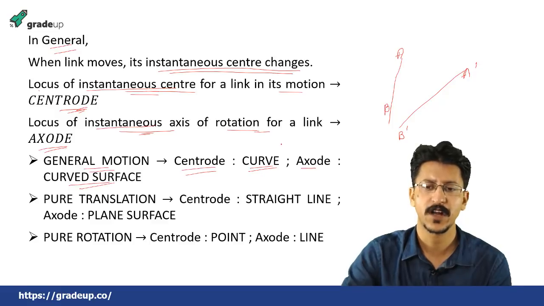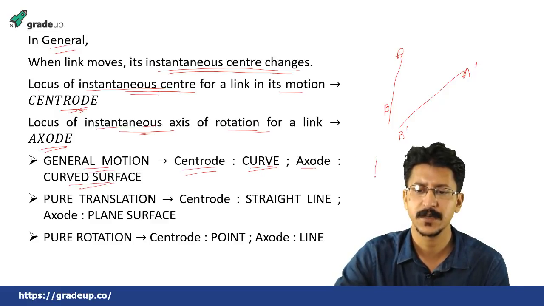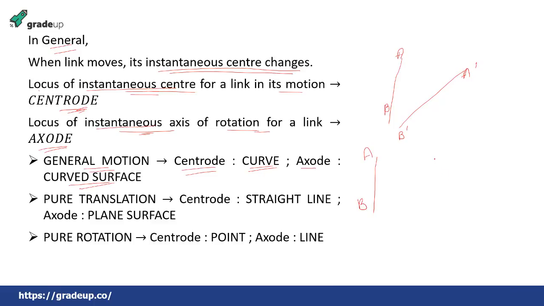In case of pure translation, which is a pure linear motion, suppose this is link AB and after some time it has moved to a new position A dash B dash along a straight line. In this pure translational motion, the centrode is a straight line and the axode is a plane surface.